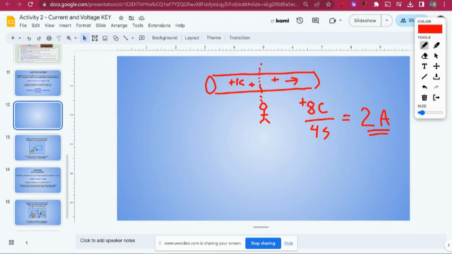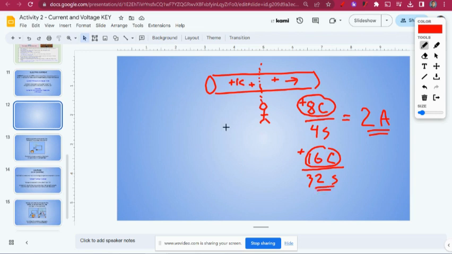Can you see also, let's say that I had twice as many charges passing. Let's say that I had 16 coulombs passing by, and let's just say that it takes 32 seconds for that to happen. So more charge is going by, isn't it? Because 16 is bigger than 8.